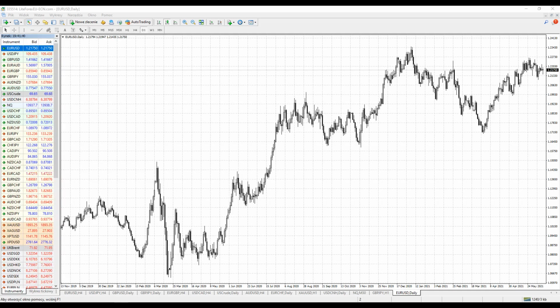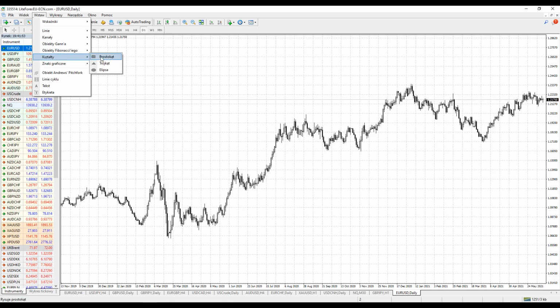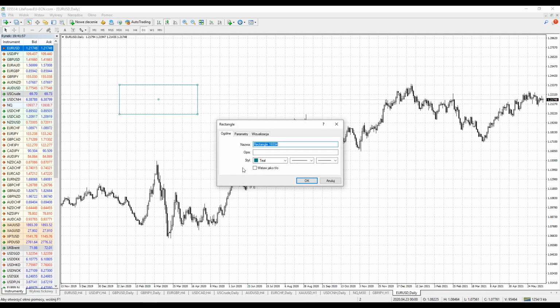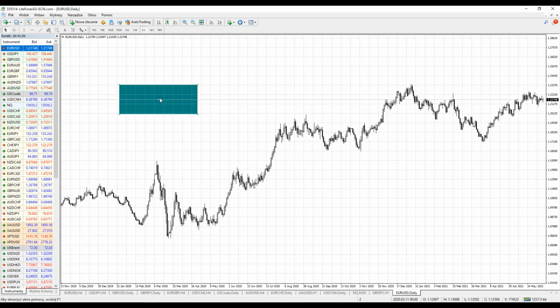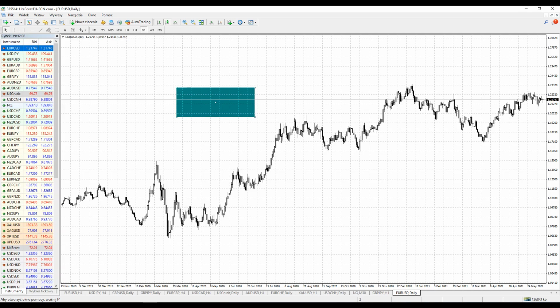All right, I'm going to first describe what I'm looking for, and then we are going to try to find an example or two. When it comes to the rectangles, what I like is the consolidation, and especially from the day trading perspective, we are talking about the Asian hours, and it depends on the trend from the higher time frame.